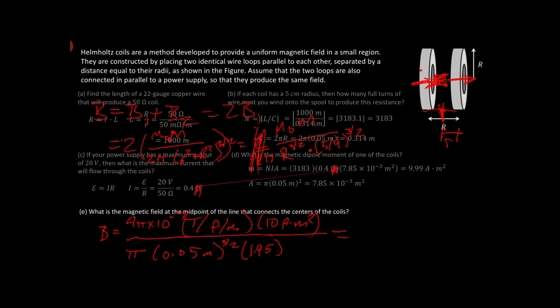So let's see, what does it do? Well, that gets rid of a pi, and we have 10 to the minus 7, 0.05, that's 10 to the 6th, divided by 3, blah, blah, blah. So that's 0.0229 Tesla, or 22.9 millitesla.